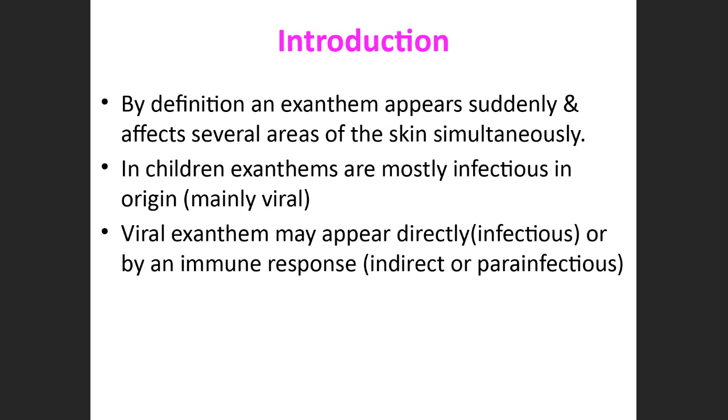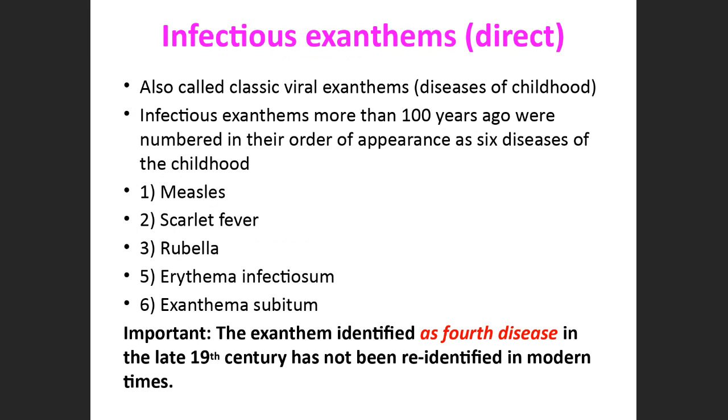These are also called classic viral exanthems. These infectious exanthems were discovered around 800 years ago, and they were numbered in their order of appearance as six diseases of childhood.